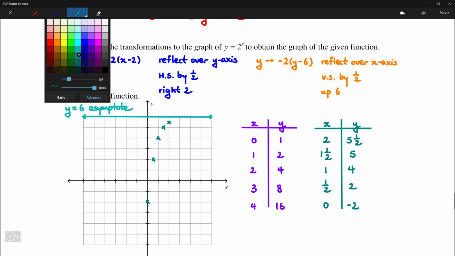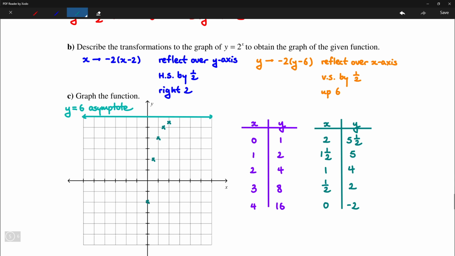And now we can connect the graph points to make a smooth curve, and that is our function. And that's it.